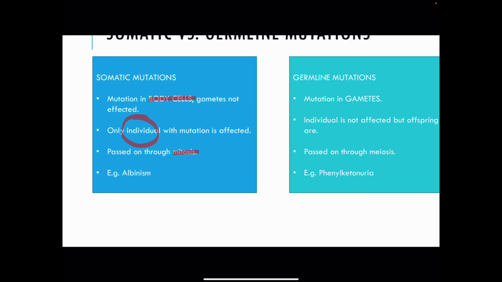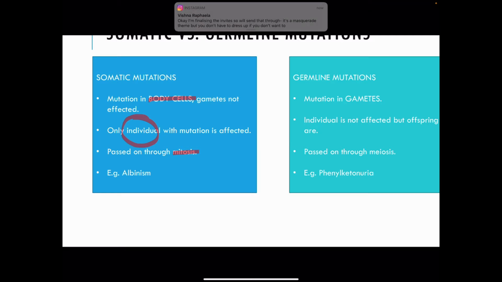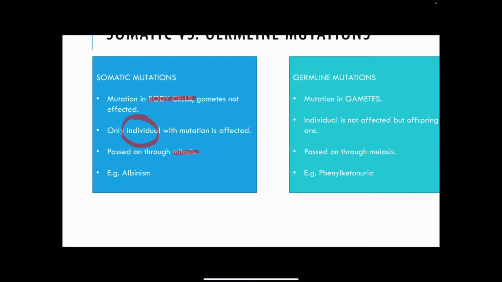And so when those skin cells undergo mitosis and make more skin cells, they're going to make more skin cells with those mutations. That's actually how skin cancer is caused, all right? So the body cells are affected, only the individual is affected therefore, and it's passed on through mitosis.